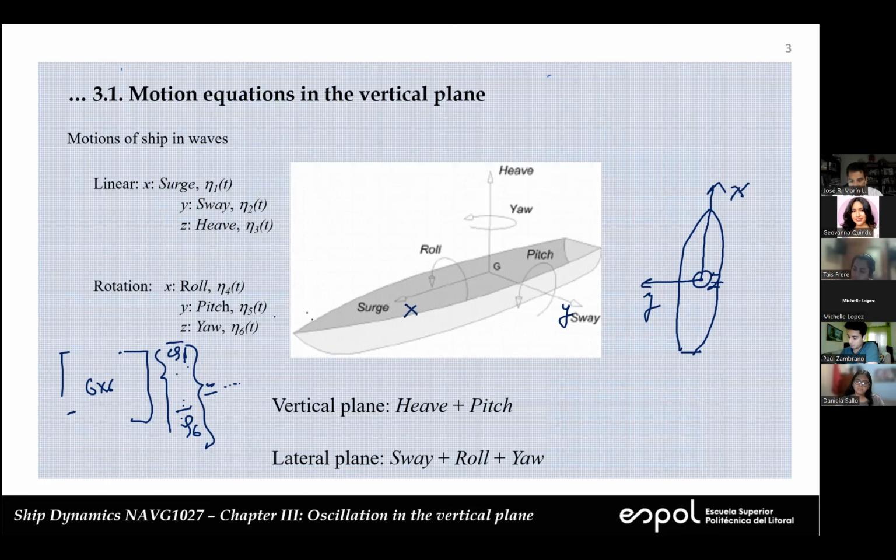In this case, we consider sway, roll, and yaw combined. This is what we're going to study in chapter 3. And we're going to study uncoupled roll in chapter 4. We are not going to study the 3 motions coupled.